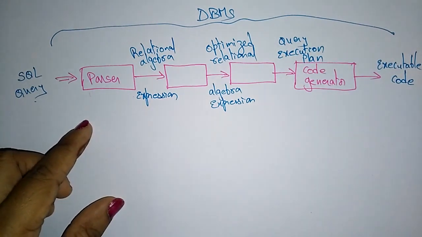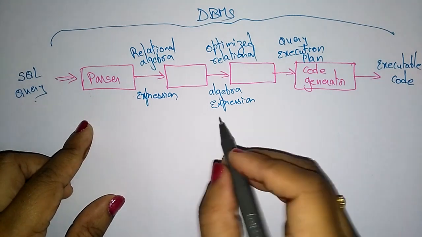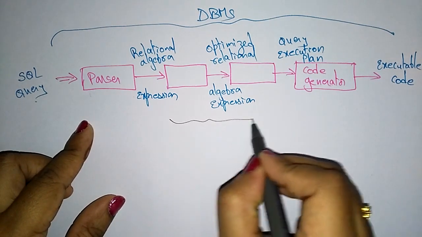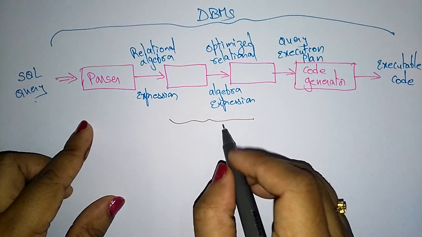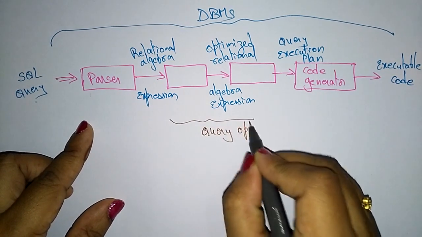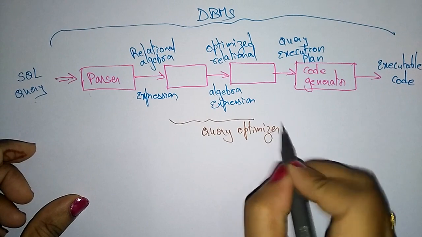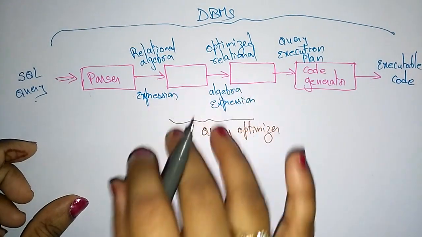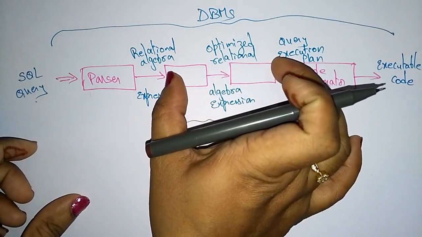The part that takes the relational algebra and optimizes the algebraic expression is called the query optimizer.